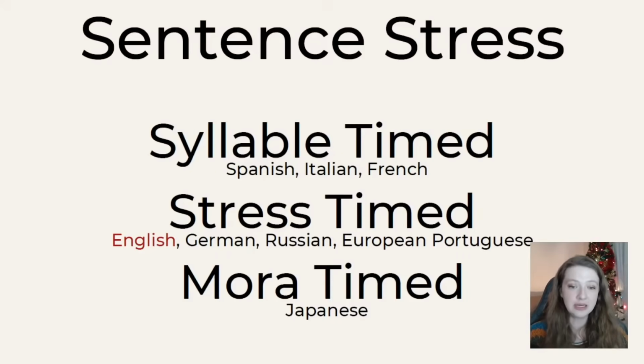And this essentially means that you give each syllable the same amount of time when you say it. So I always describe this as being like a machine gun. When you speak, it's like da da da da da da da da da da. Every syllable has exactly the same amount of time. Yeah, syllable-timed. Spanish, Italian, French, right?